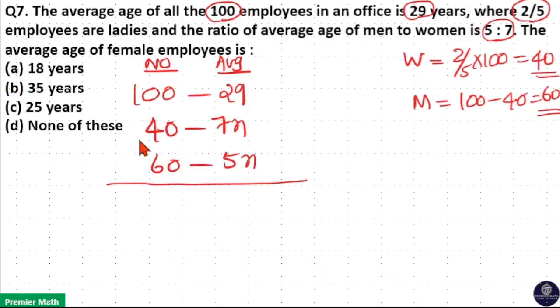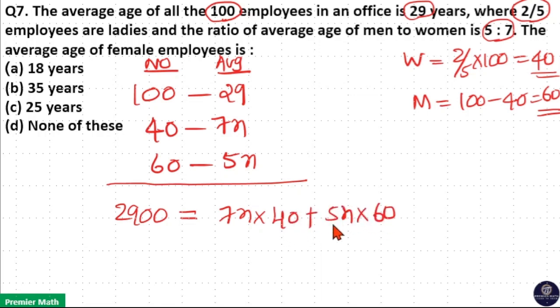Even if you do it the normal way, 29 into 100 is the total age, which is equal to the total age of women plus the total age of men. That is 7x into 40 plus 5x into 60.